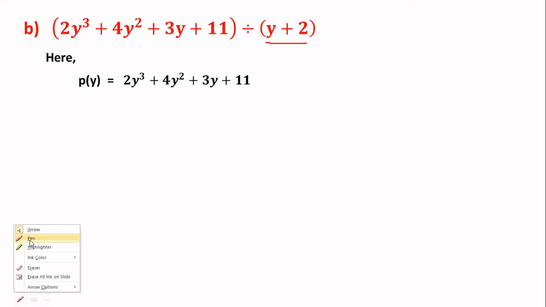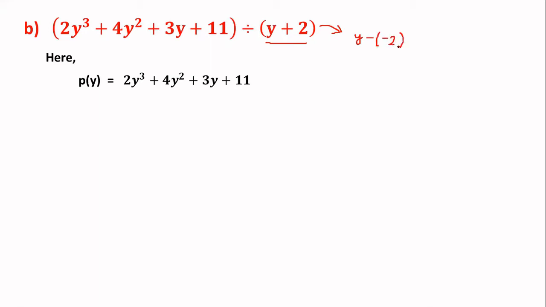This is similar to x plus a, but we know that the divisor should always be expressed in standard form. While converting it into standard form, we have to write minus between y and 2. So we are going to write y minus, and within the bracket, minus 2.